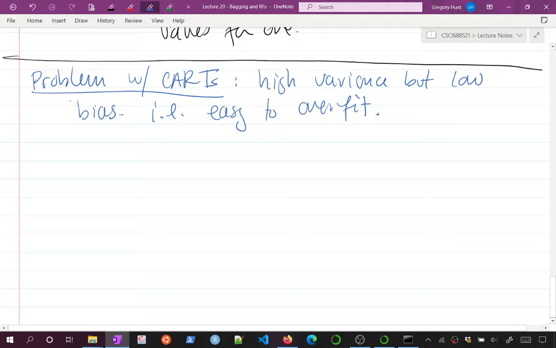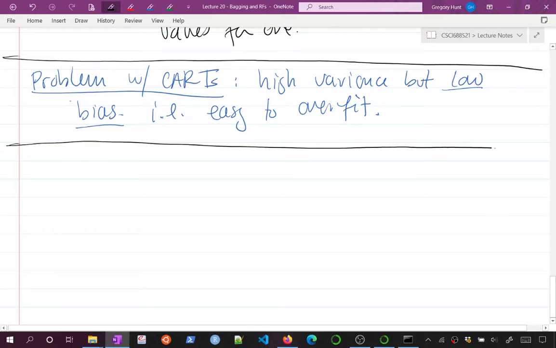And one of the ways that we can solve this is through a technique called bagging, and in particular a particularly great implementation of bagging called random forests, which is not only not going to have a problem with the high variance of CARTs, but is going to use this high variance and low bias to its advantage. So let's talk about bagging.